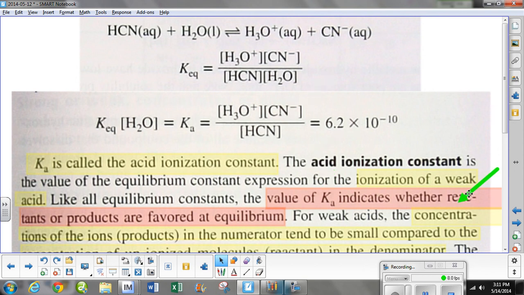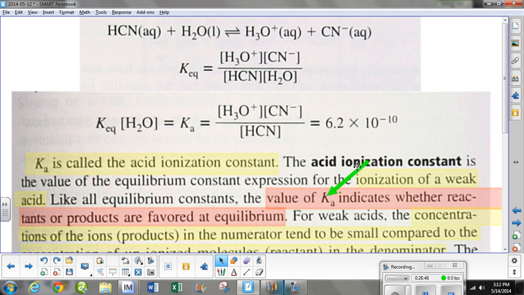The value of K sub EQ indicates whether the reactants or products are favored at equilibrium. If it's a number bigger than 1, that means the reactants are favored. If it's a number smaller than 1, that means the products are favored. I think I said that backwards, so I'm going to repeat.